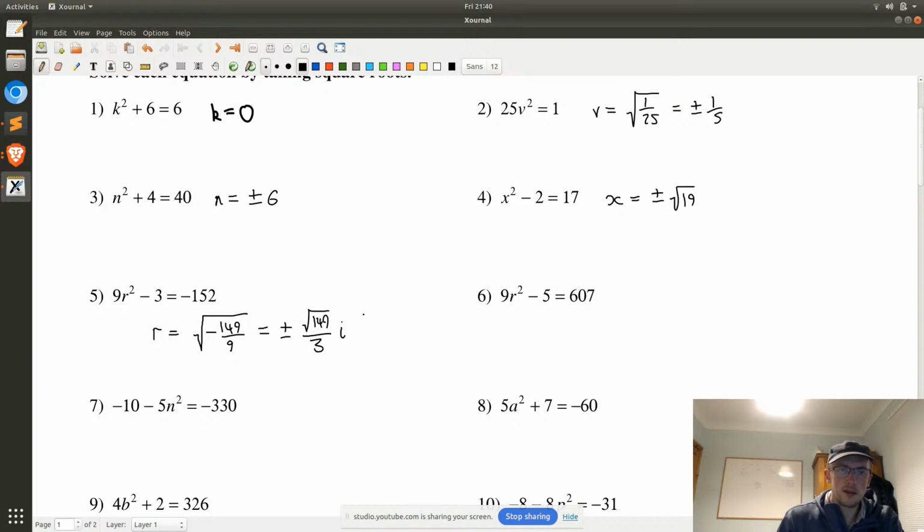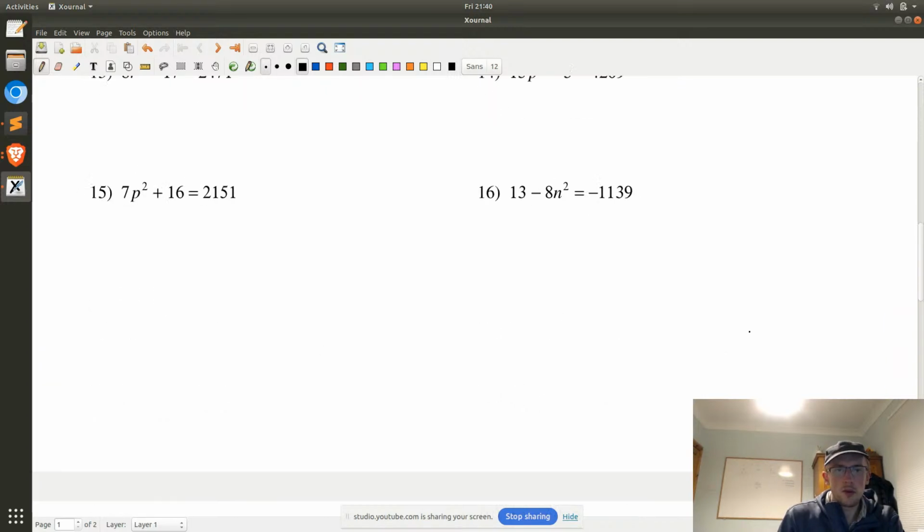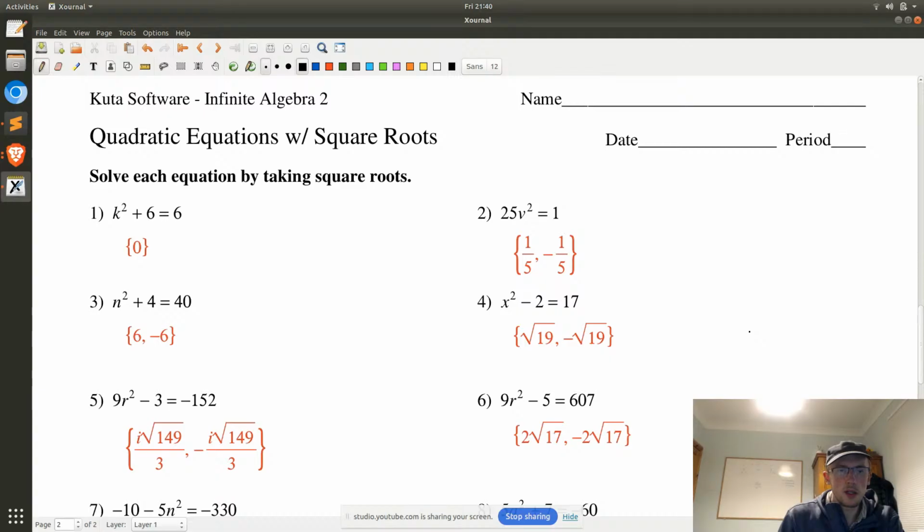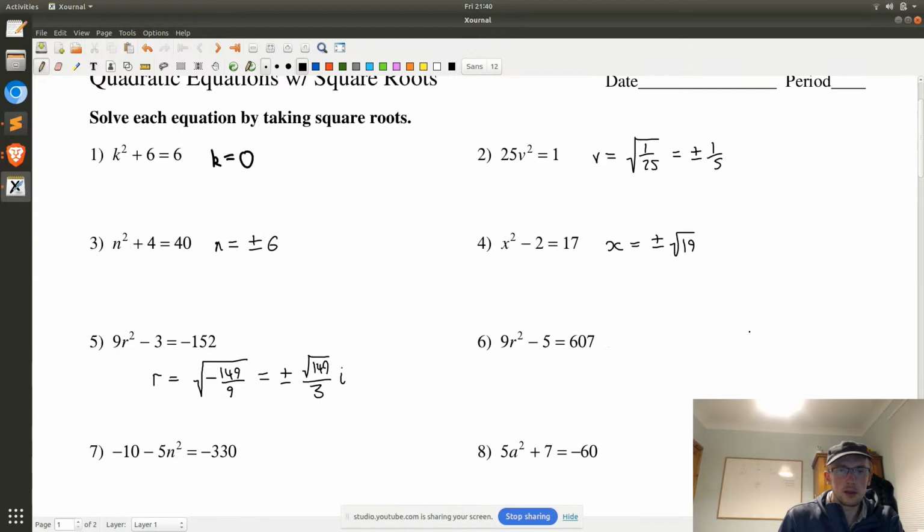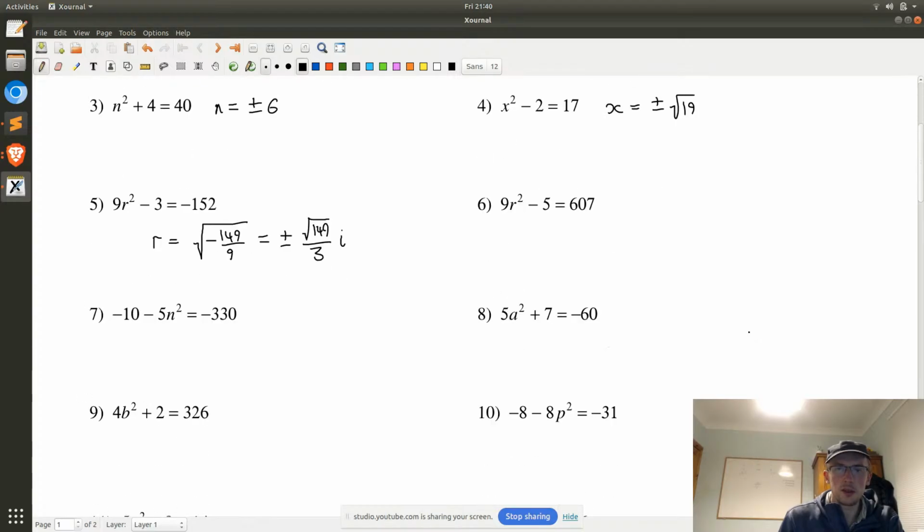Is it really this? Root 149 over 3 plus or minus that times i? It is. How weird that they would do that.